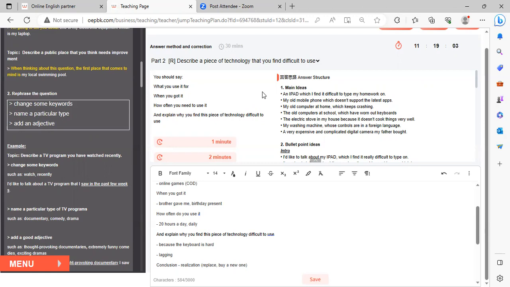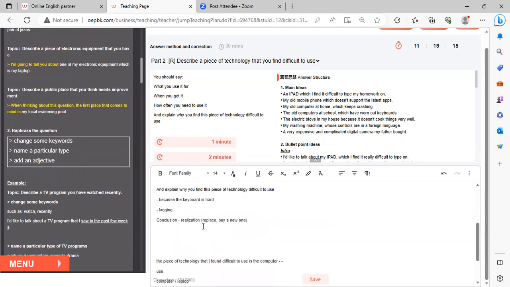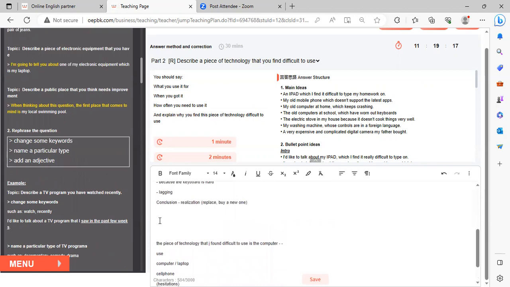I'd like to talk about the... Let's rephrase the piece of technology. What can you use? You can also use the gadget. I'd like to talk about the gadget.